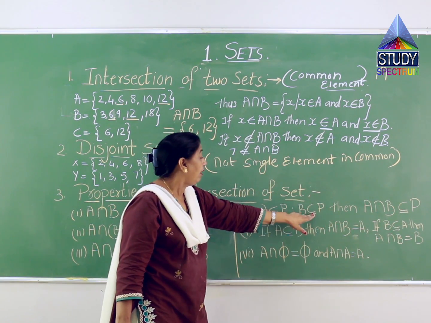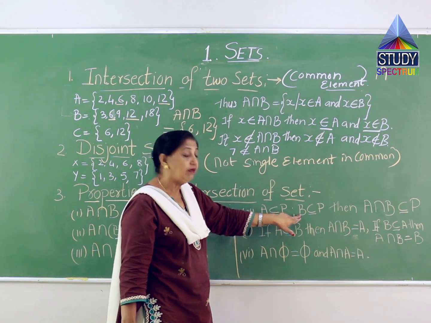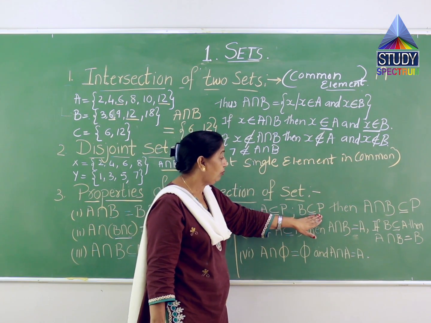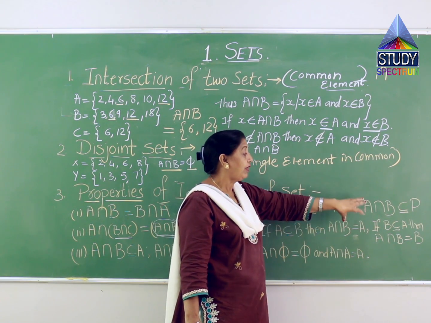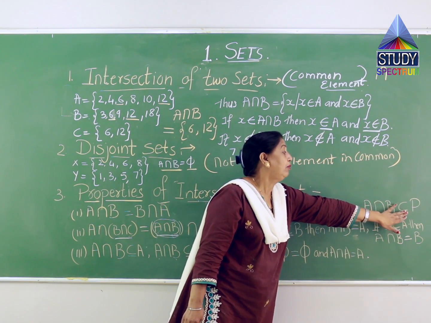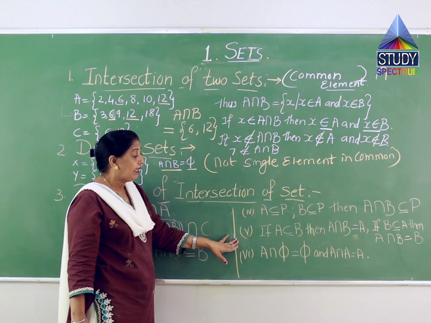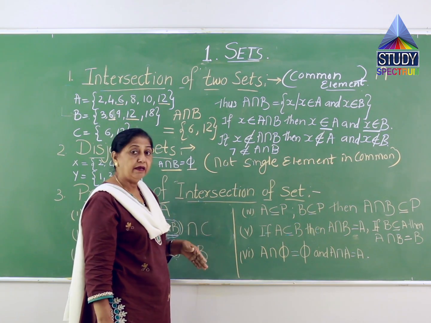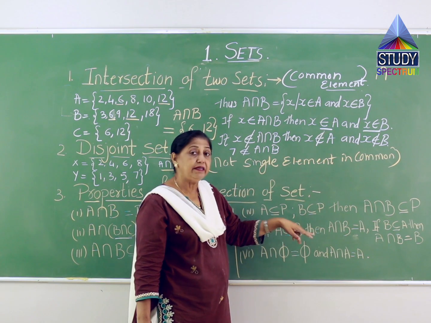Because set A is a subset of P and set B is also a subset of or equal to P. So the intersection of both sets A and B is also a subset of or equal to set P.